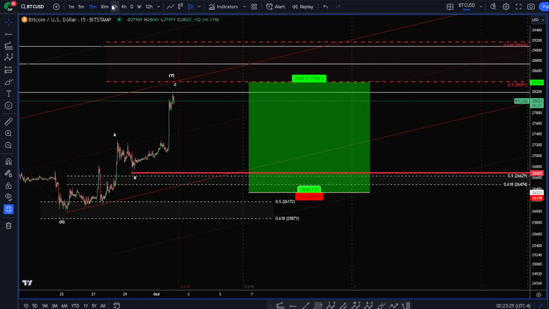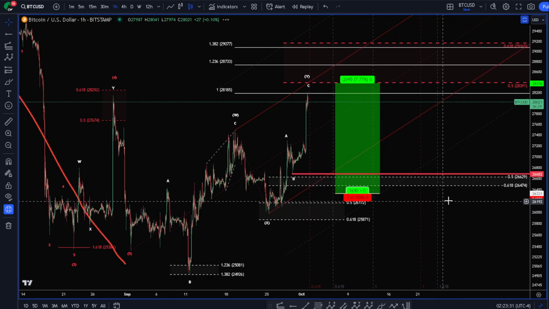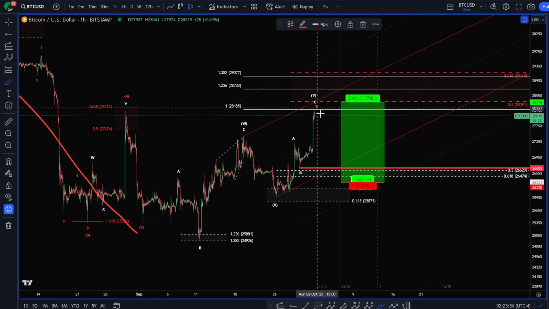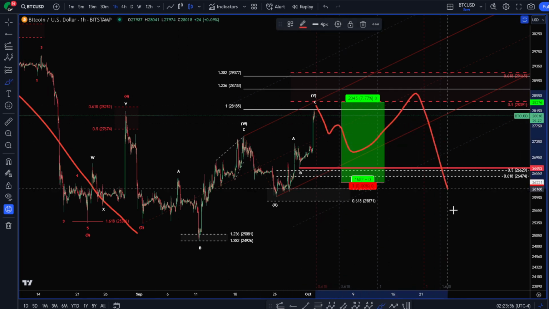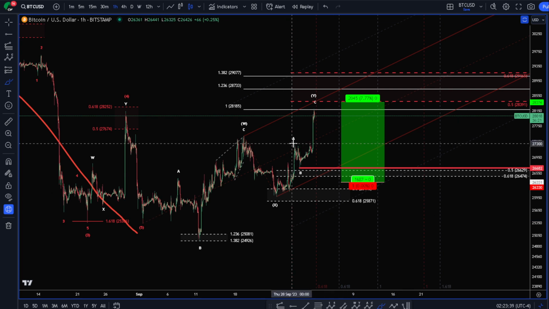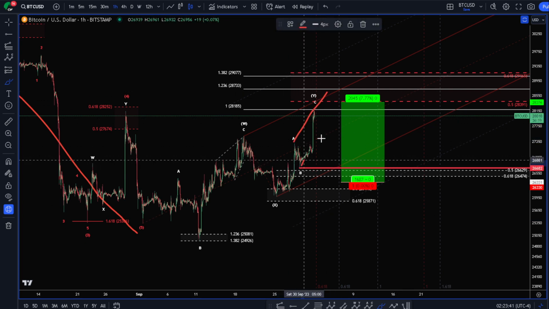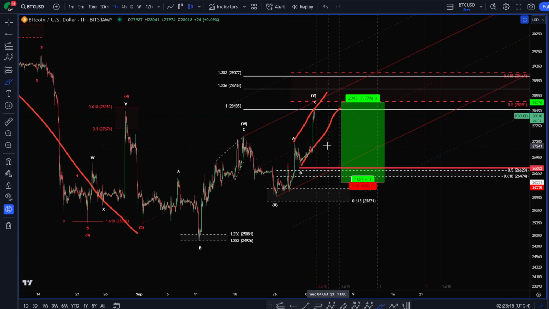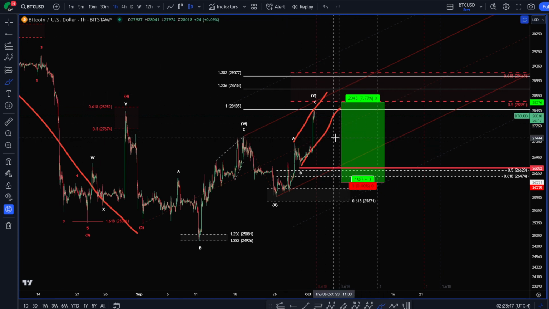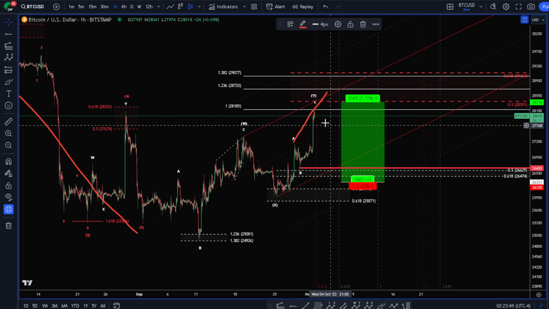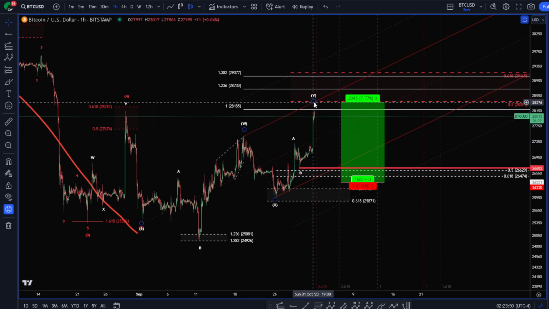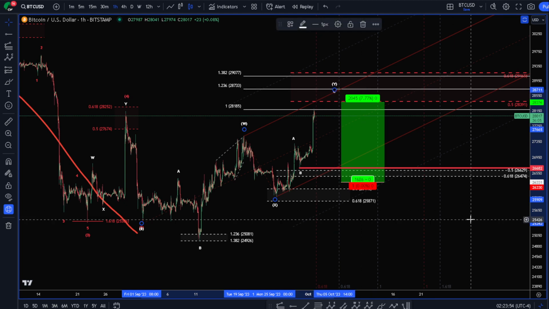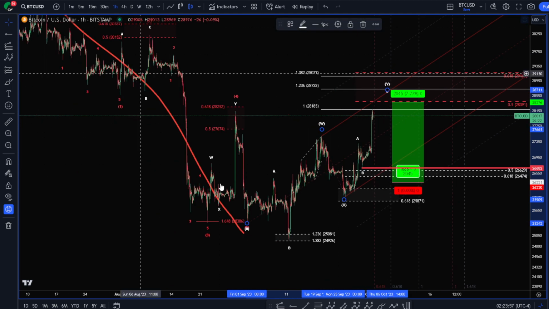I'm looking for this to either be an A wave finishing, pan out a little bit, come back up, then dump, or this to turn into an ending diagonal, or just finish up from here with another wave up into our high probability area between the 50 and the 618 of this down move.